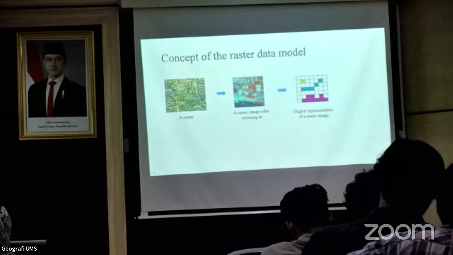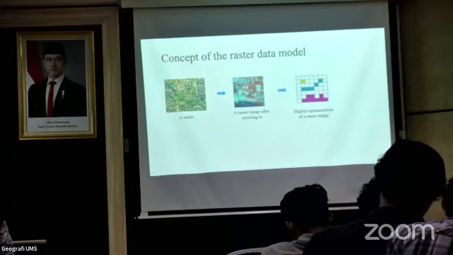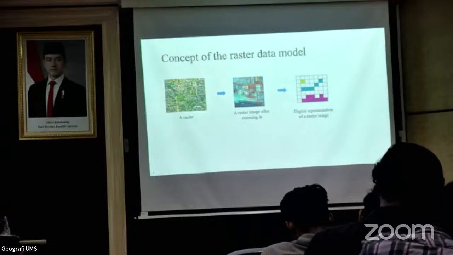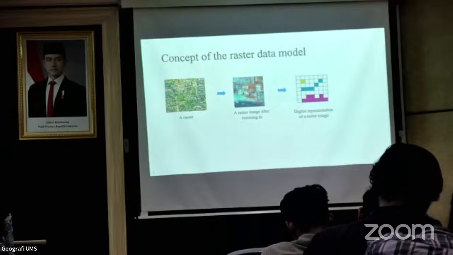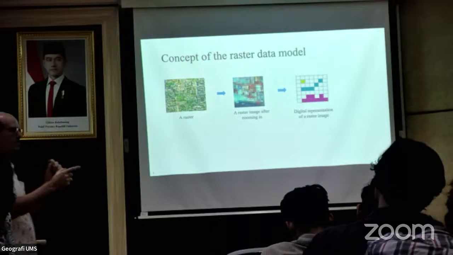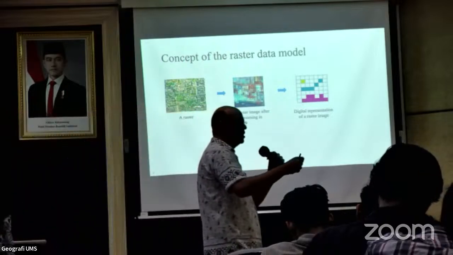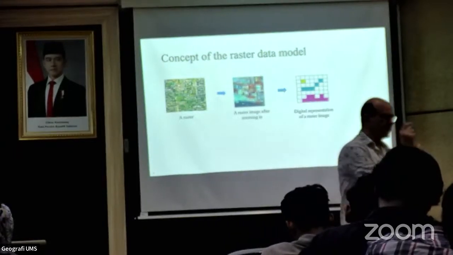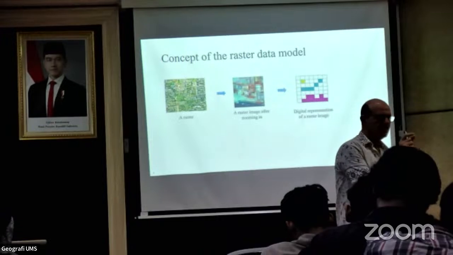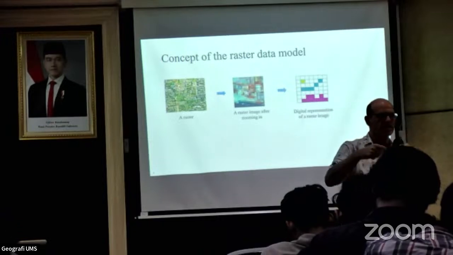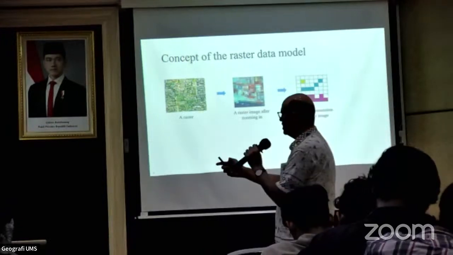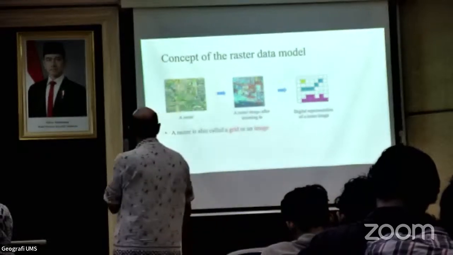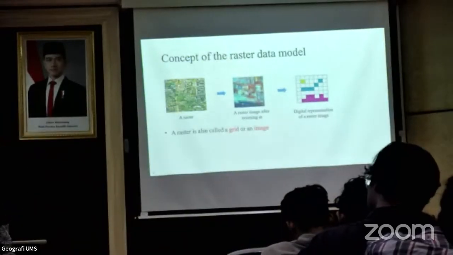Every pixel has some value. It can be quantitative, qualitative, or categorical. That's the pixel, and pixels have values. That's how we represent reality. That's the raster data model. So raster has a grid structure.